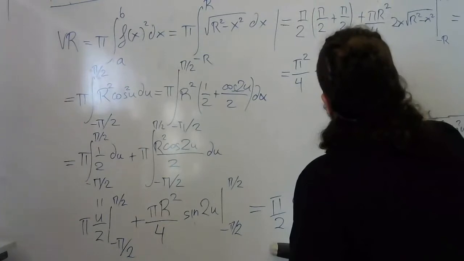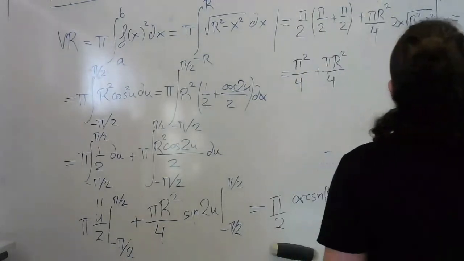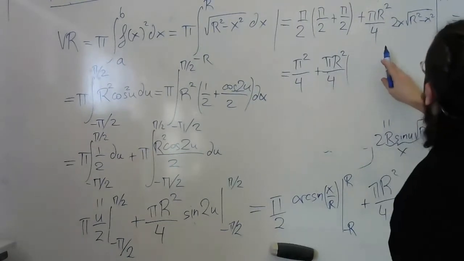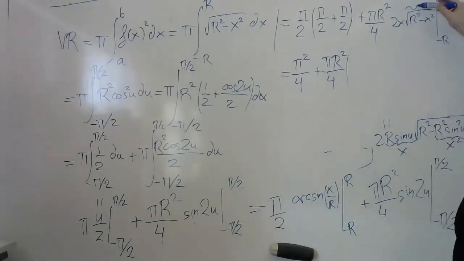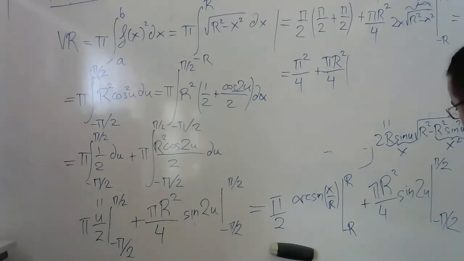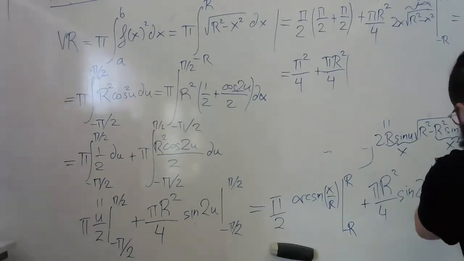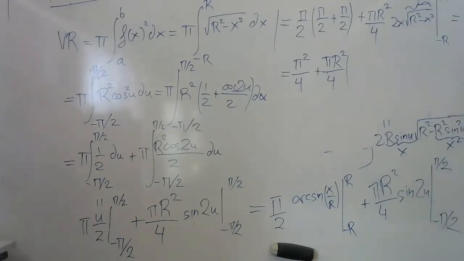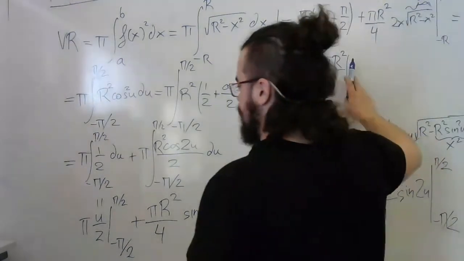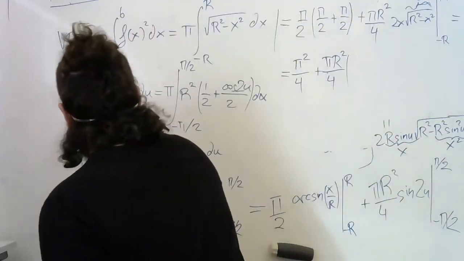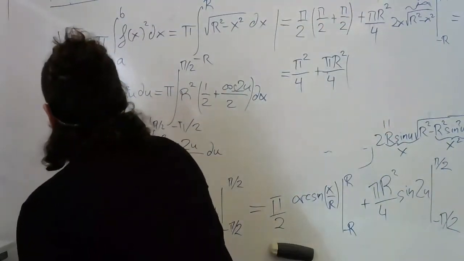Plus pi r squared over 4. And here we have this thing. It is 0 anyways. Sine of pi, sine of minus pi. So all this thing cancels, which means I have forgotten to multiply by something here.